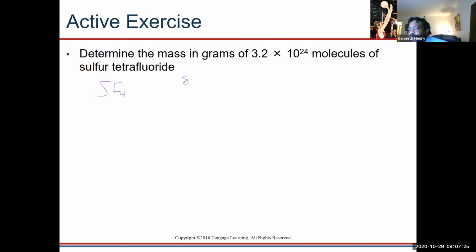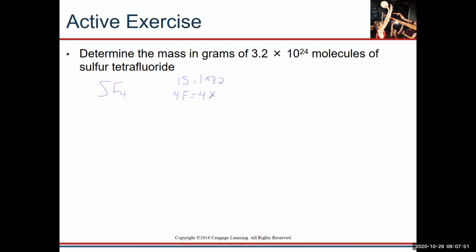What is the molar mass of sulfur tetrafluoride? Sulfur, how many sulfurs do we have? 1. We know that sulfur weighs 32. Fluorine, how many do we have? 4.